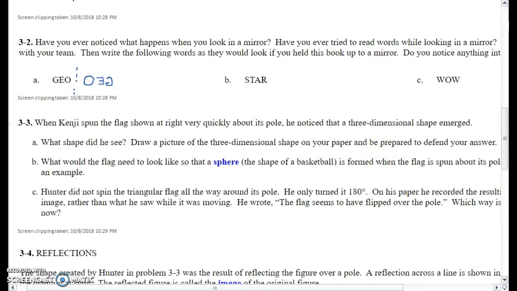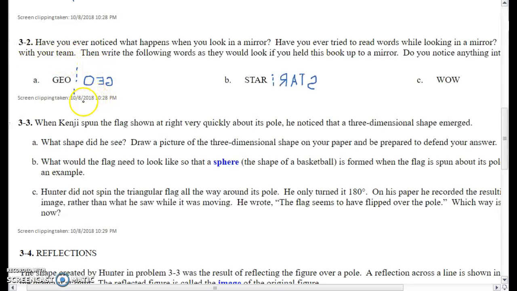And if we did the same thing with star over here, we might notice some things, but we may notice other things that we maybe didn't think about before. Because like in Geo, the first letter we did, the O, there's no issue there. It looked exactly the same.